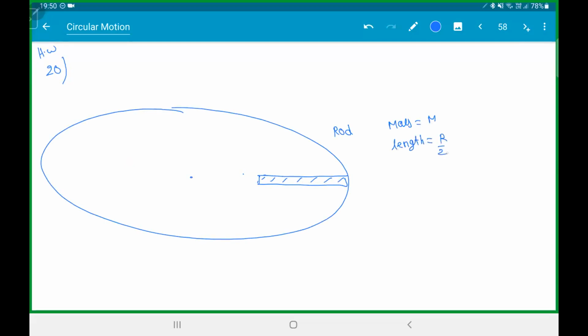Length is r by 2. So this rod is placed along the radial direction, and this whole setup is rotating with omega. And the disk is also rough.